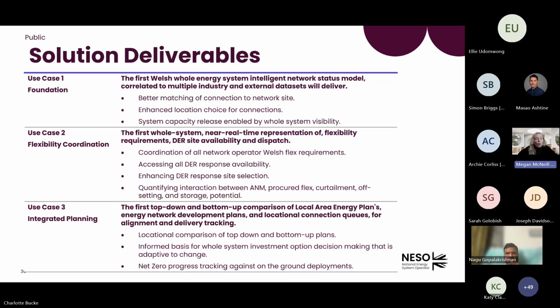So what is PWR basically? I've mentioned that we've worked with stakeholders to identify blockers to the energy transition, and through all the engagement that we've had with industry, 3 main challenges were outlined, and I'm sure none of it is new to people on this call. The first challenge raised is whole system visibility. There was a consensus that there's a lack of visibility, or it's not quite clear across the whole multi-vector energy system around planning and the network status.